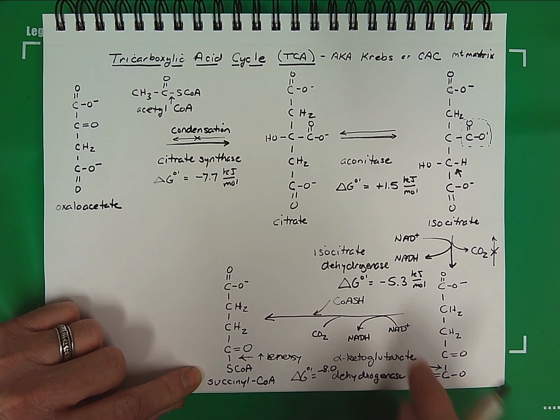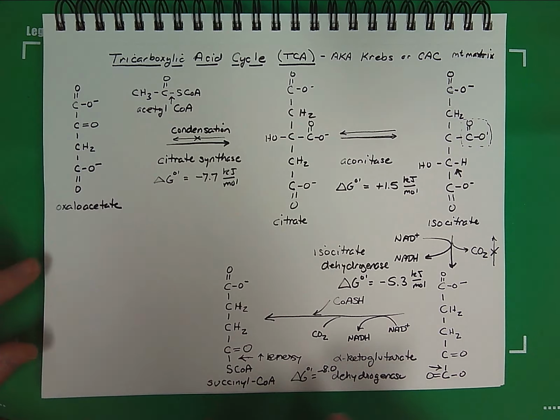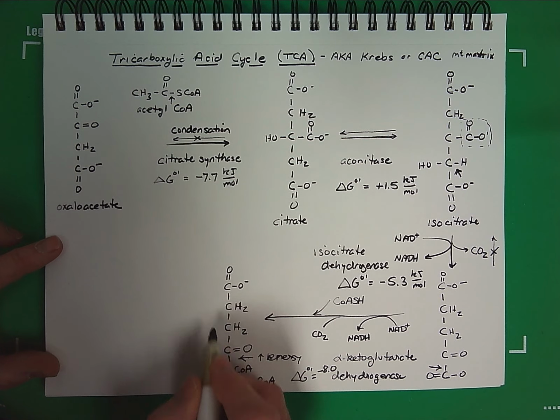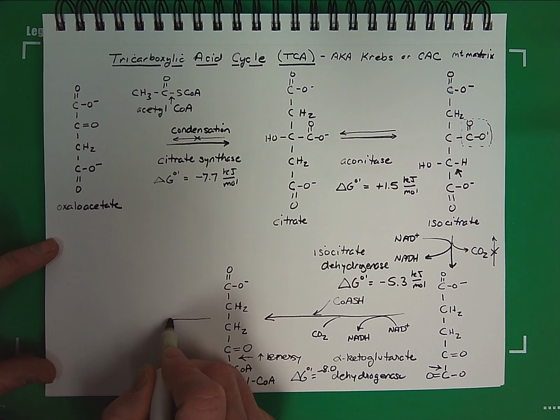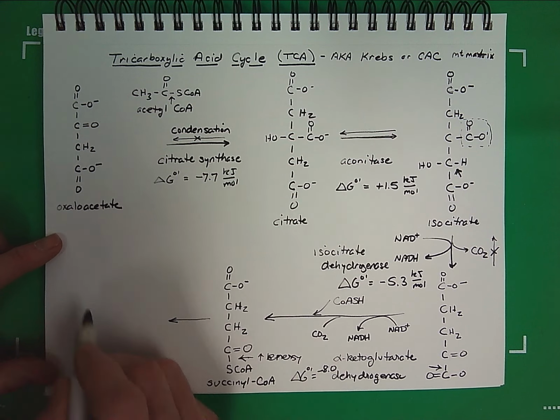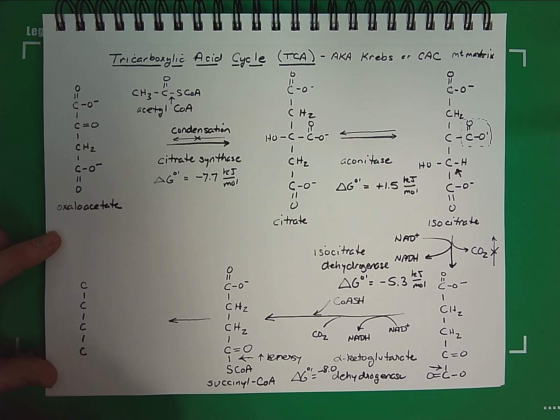So the reverse of this reaction, again, is not possible. Now the next step in our reaction, we're getting closer to returning to oxaloacetate. In the next reaction, of course, we're maintaining our 4-carbon structure.